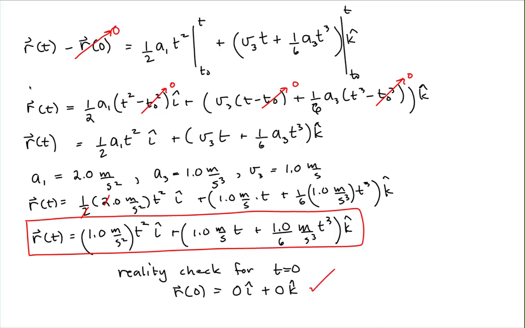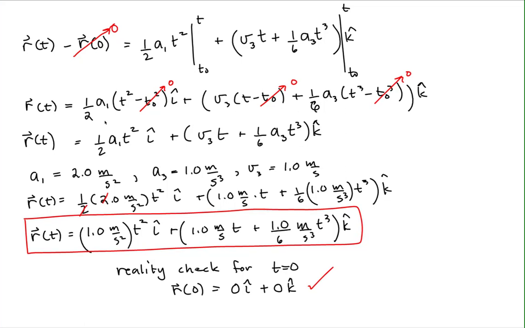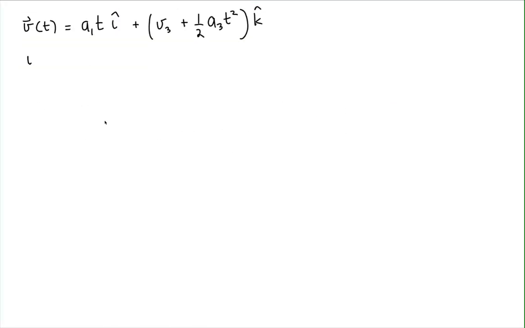Now that we know the position function, let's go back to the velocity function and plug in our actual values. For the velocity component, we have a1, which is 2.0 meters per second squared, times t. This is the x component of velocity.